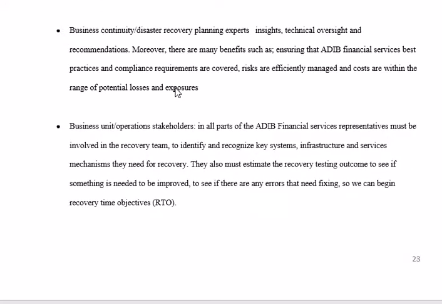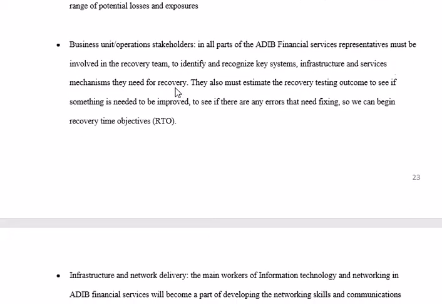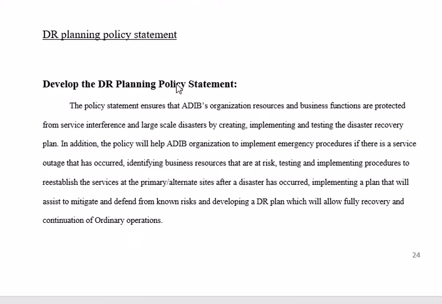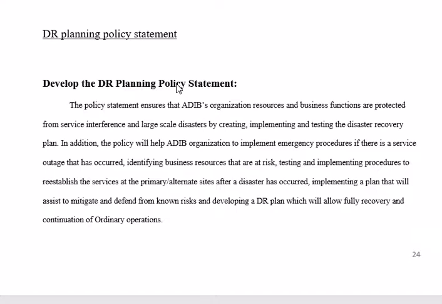We showed also business quantity and business unit, to develop the disaster recovery planning policy statement.